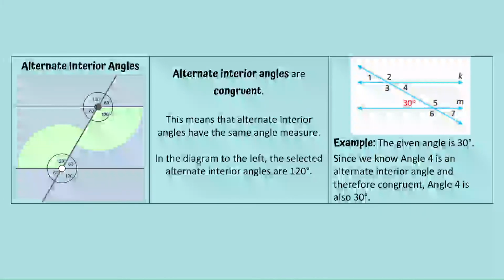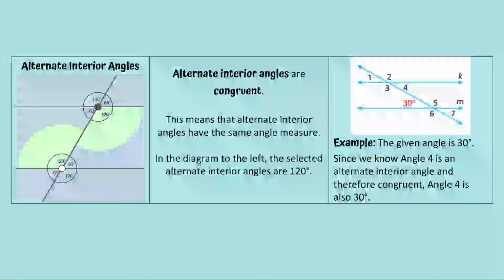Next, we learned about alternate interior angles. Alternate refers to the opposite or alternate sides of the transversal. Interior refers to being on the inside or in between the parallel lines. So you can see in the diagram on the left that we're looking at angles that are inside the parallel lines on opposite sides of the transversal.